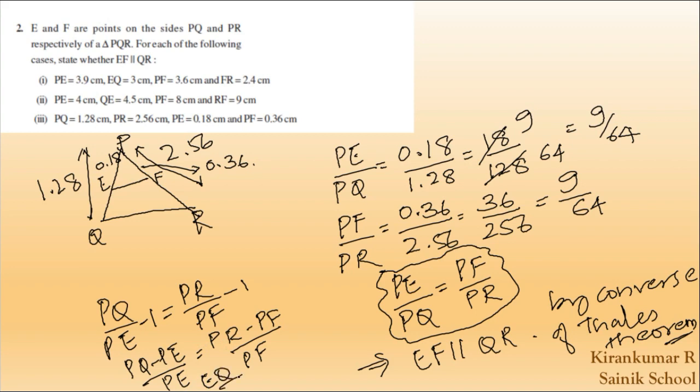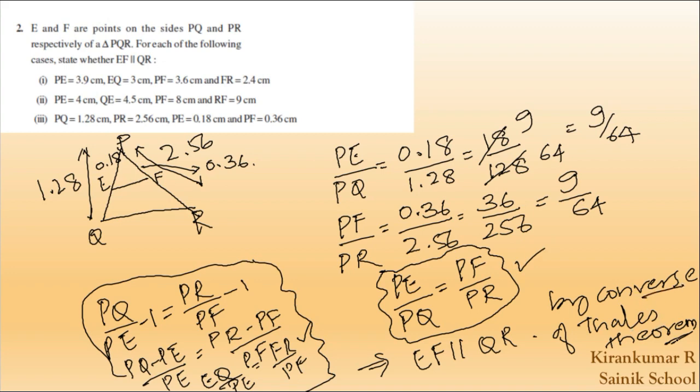So EQ upon PE will be equal to FR upon PF. We get the ratio of the sides equal. So instead of doing all this, directly I can consider it as a corollary and mention the converse of Thales' theorem. We get EF parallel to QR.